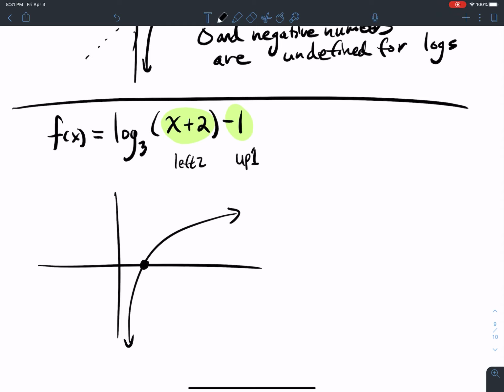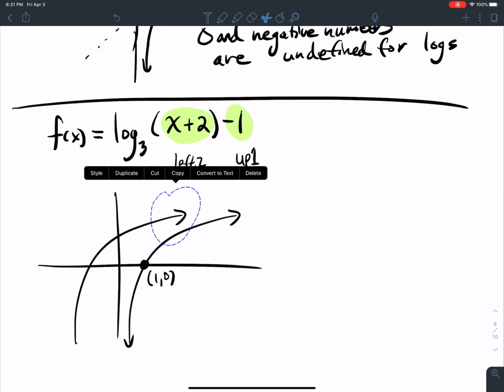I'm passing through 1, 0. Okay? But what's going to happen? I'm going to take my graph and shift it to the left 2. Okay, so now I'm passing through negative 1, 0.